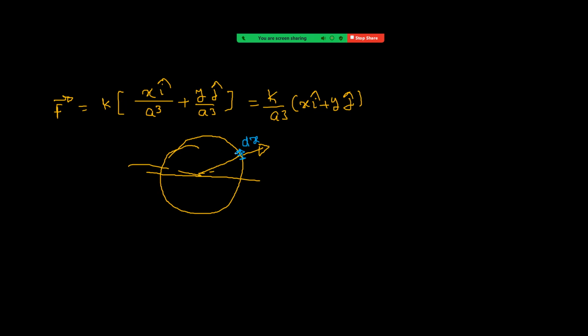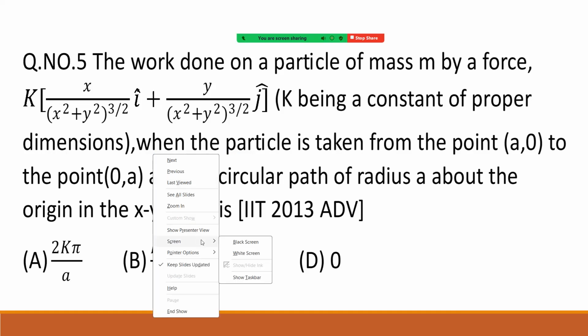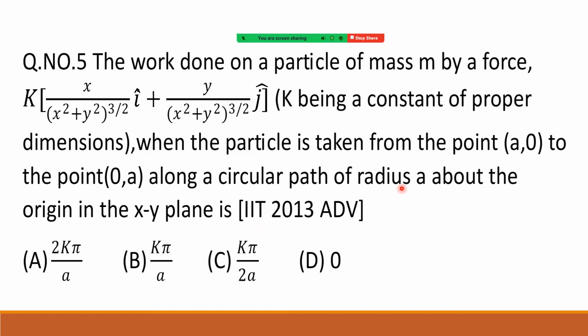That means directly we can say that no work is done, so the answer is 0. We only have to identify that if it is taken along a circular path, the force is along the radius vector. So the angle is 90, and that's why the work done is 0.